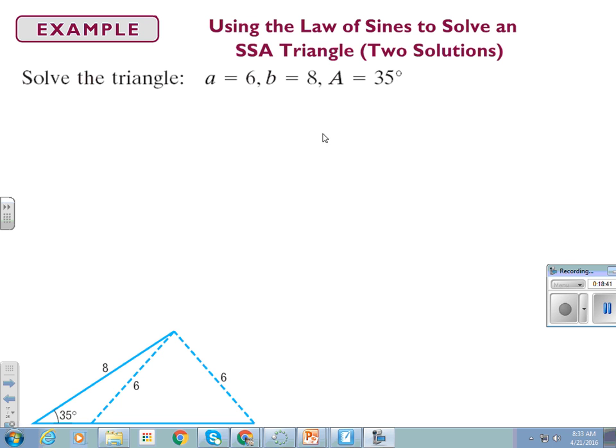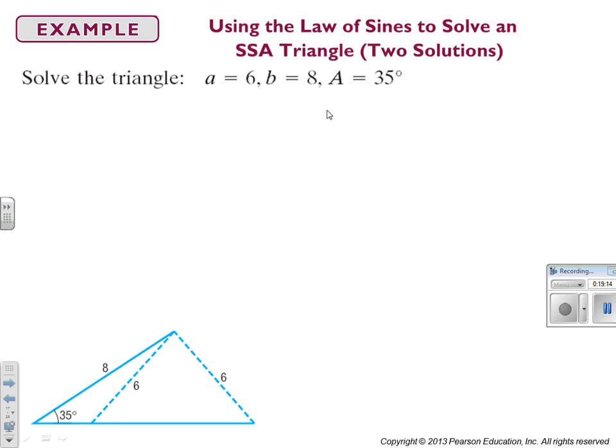So my test is A is greater than B sine A. Yeah, 8 sine of 35, and A is 6, so A is greater. Okay, so yes, I do have the two possible. A is greater than B sine of A, and our side A is smaller than side B, so it's going to get us two possible solutions.